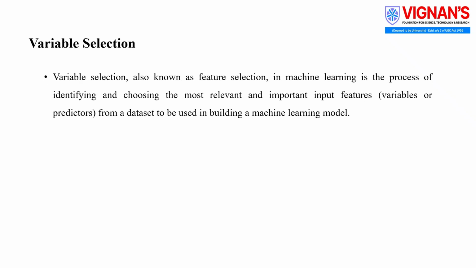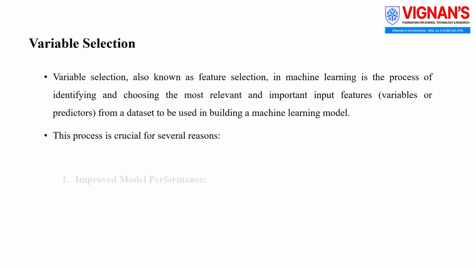Let's talk about variable selection in machine learning. Variable selection, also called feature selection, is the process of identifying and choosing the most important input features in a dataset for building a machine learning model. This step is very important because not all features contribute equally to the prediction.